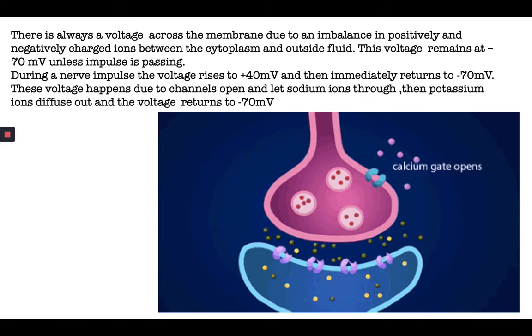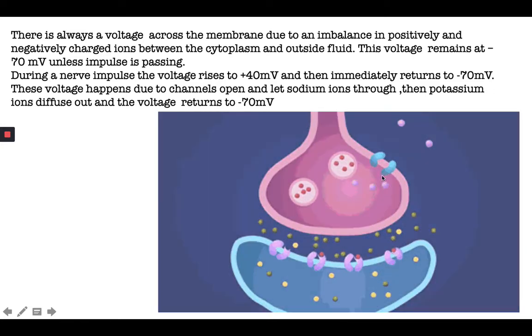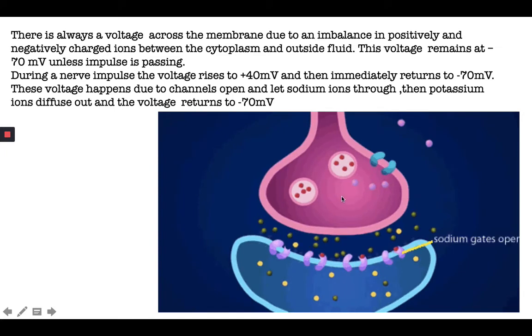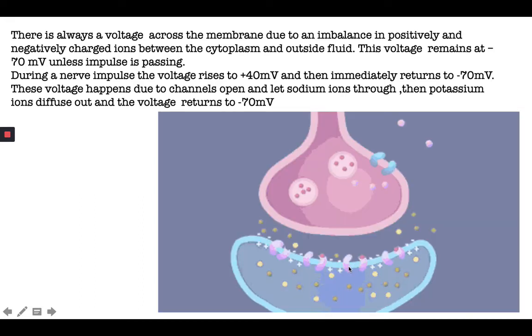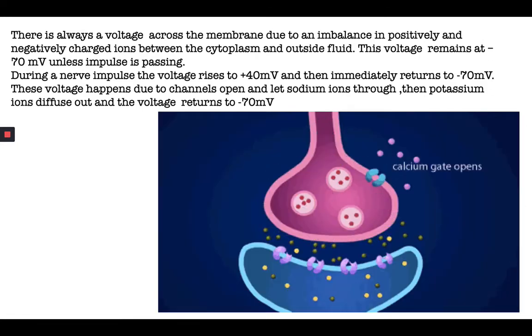And here, as you see, when we get the stimuli, those are the neurotransmitters. What happens? The calcium gate opens and calcium ions get inside the cell. It triggers the neurotransmitters and opens the sodium-potassium ion gate. And here we have the sodium-potassium exchange inside and outside the cell.